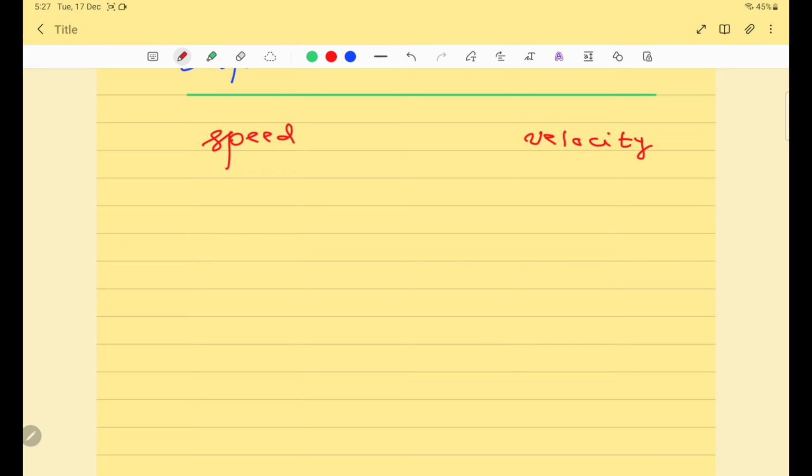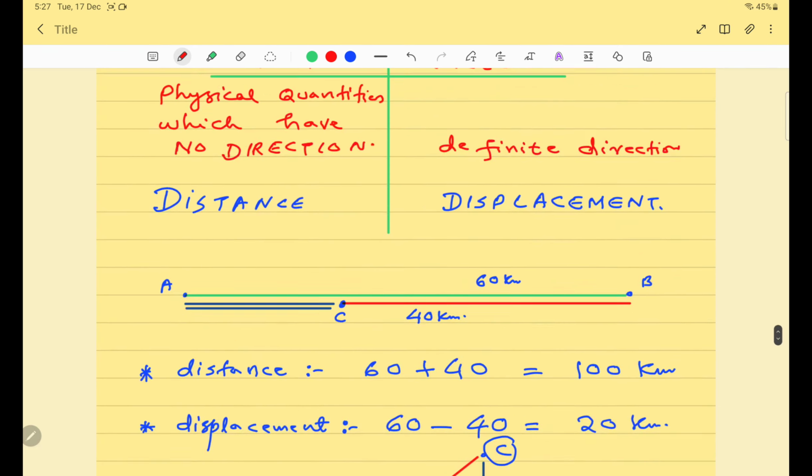Speed shows how fast you are driving. Velocity shows how fast you are driving. But what is the difference in physics? So I'm going to tell you. Speed is the distance covered by a car per unit time. What does it mean?